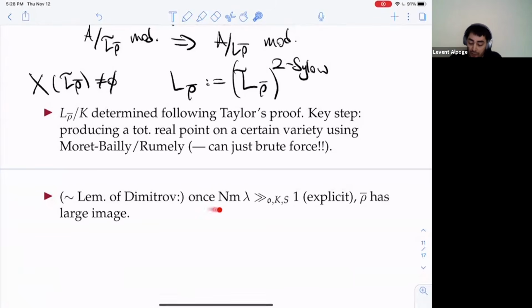So Dimitrov did it for Hilbert modular forms, with a really cool argument. But his end game has one argument which is not explicit, so I had to change that slightly. Also, he's working with Hilbert modular forms, whereas I'm working with Galois representations coming from abelian varieties.